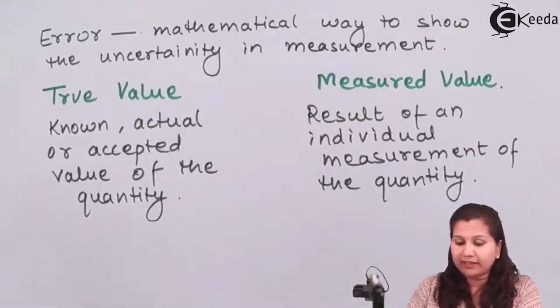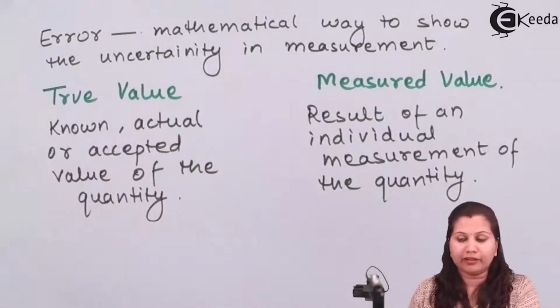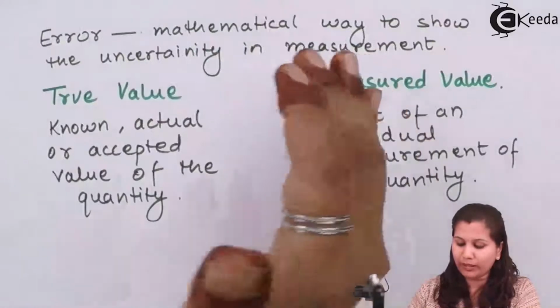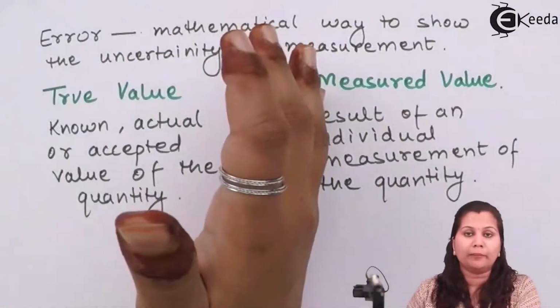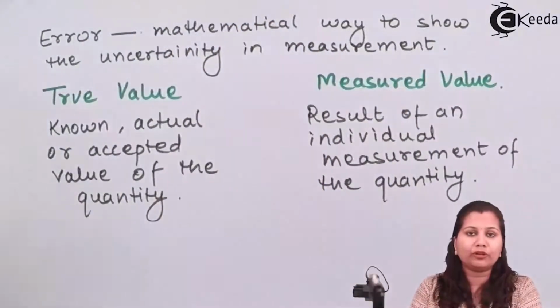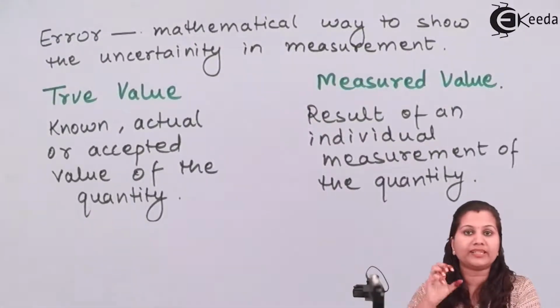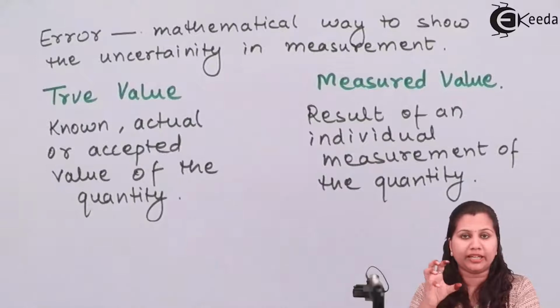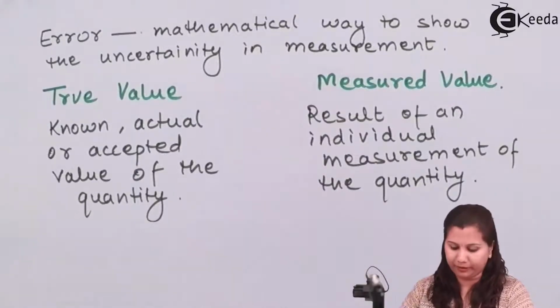So here error will be defined as the difference between the true value and the measured value, because the true value is the actual value of the quantity and the measured value is the value of the quantity which we are getting after the measurement.